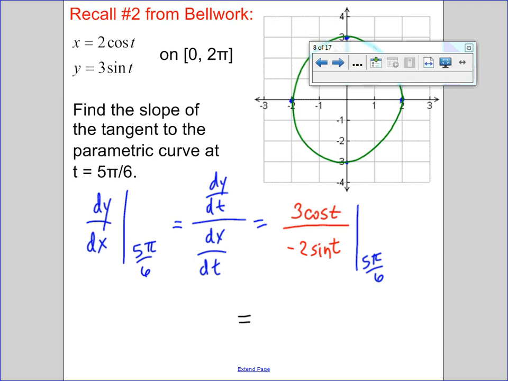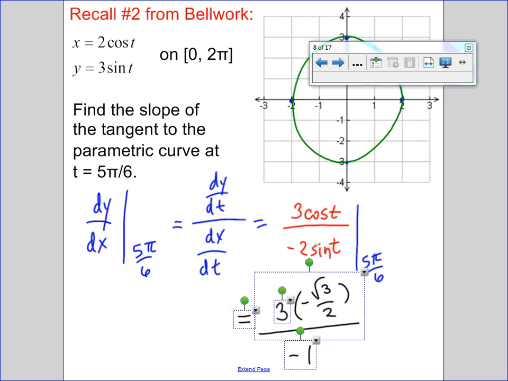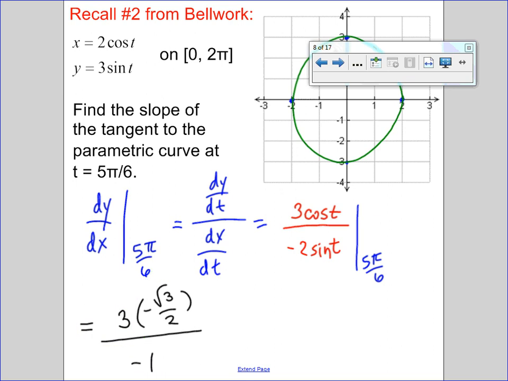I get 3 cosine of 5π/6, which is negative root 3 over 2, all over sine of 5π/6, which is 1/2, times negative 2, which is negative 1. Is that what you guys are getting? So a little reducing, and this actually works out fairly nicely. The negatives will cancel one another out, and it looks like we get 3 root 3 over 2.